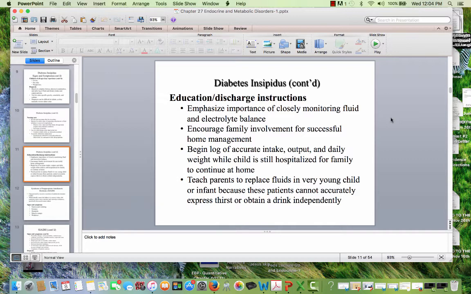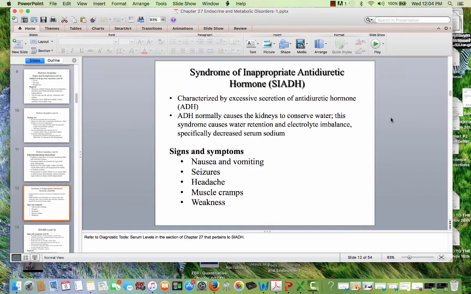It's also important to educate the parents regarding making the child's school aware of the condition, and all those the child has close contact with. All right, so that's diabetes insipidus.